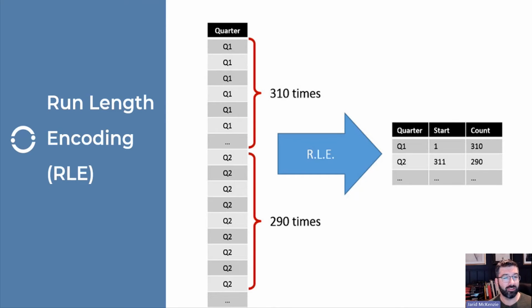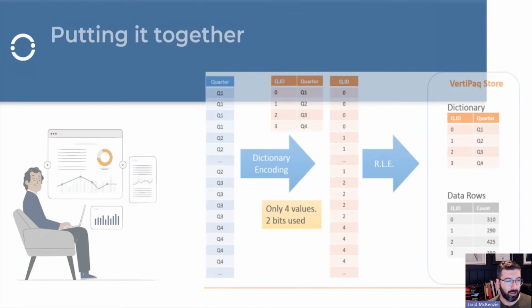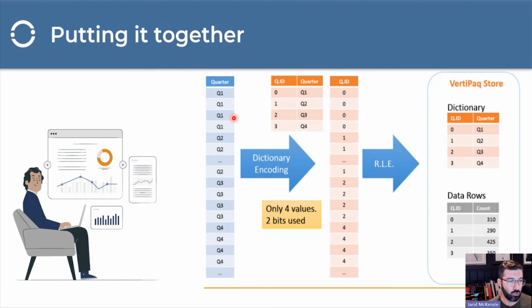And if you put these things together, what'll end up happening is we've got Q1. This whole column gets first dictionary encoded into this type of format. You can see there's only a couple of bits that are actually used to encode this. And then that gets stored as 2 relatively small tables: a dictionary for the values we're trying to look up, and then what the data rows are actually representing.